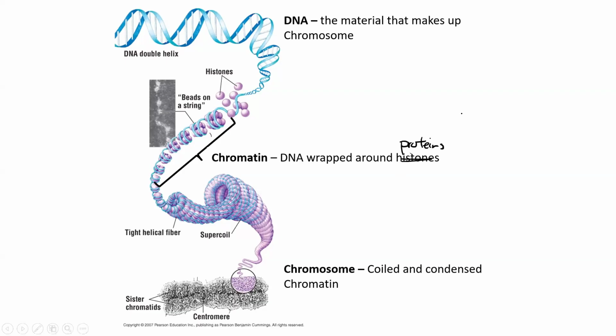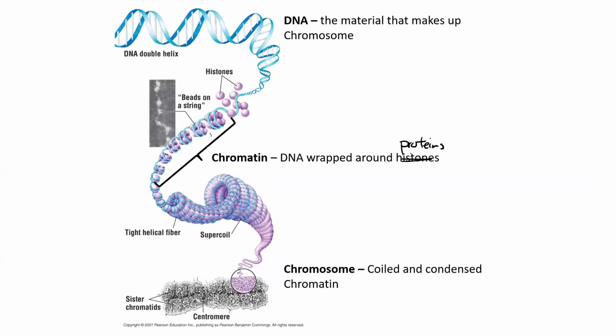Now, when you need to divide the cell, then you need to pack up the DNA even further, and that's when you get chromosomes. So chromosome and chromatin are basically the same stuff, but one is way more compact than the other. The most condensed form is the chromosome.